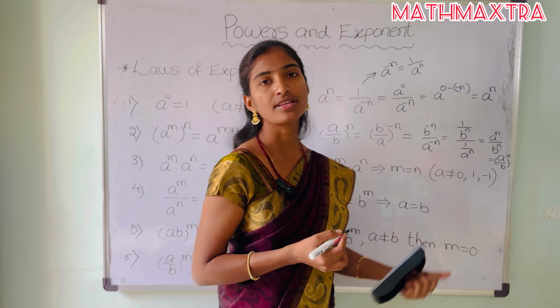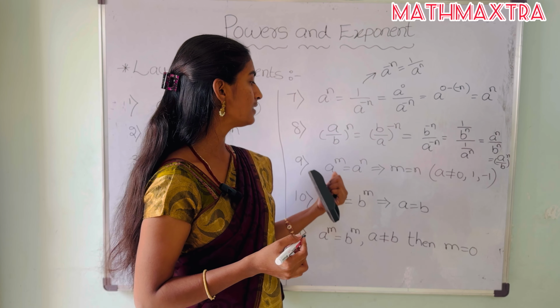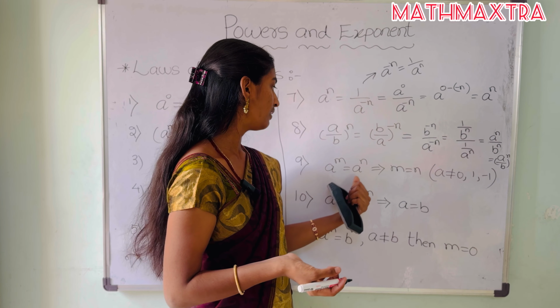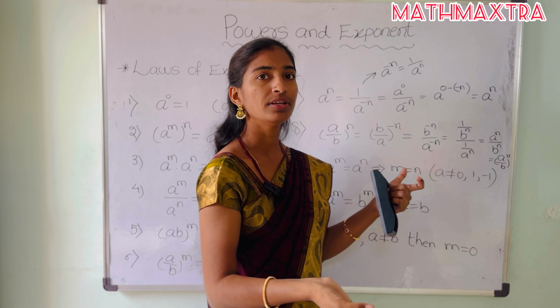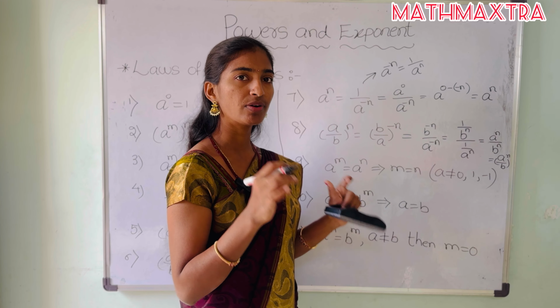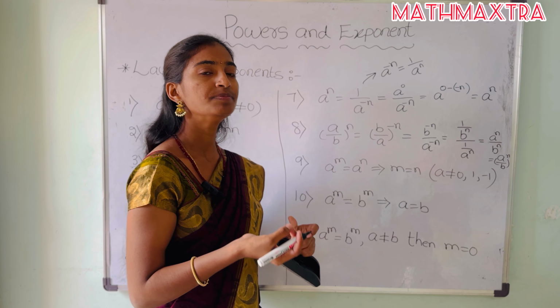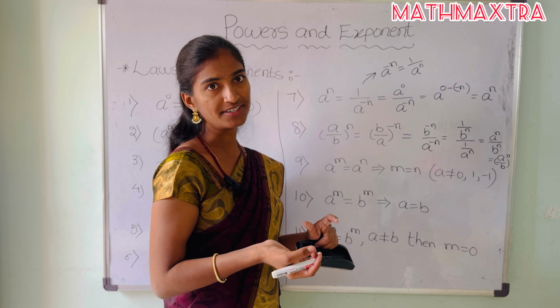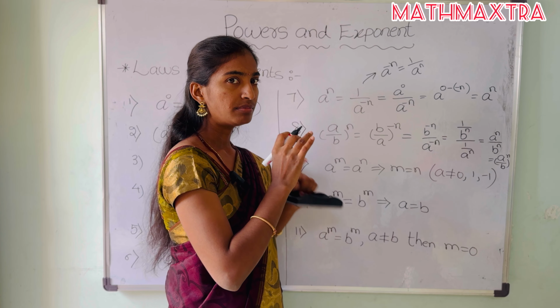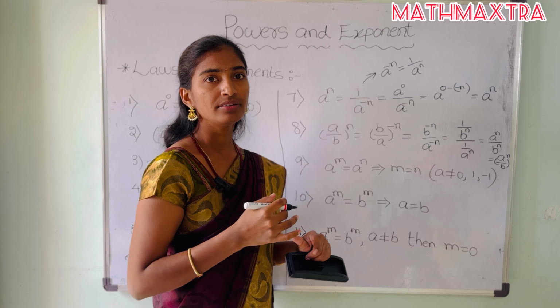If you take minus 1 also, what happens? Minus 1 whole to the power of 3 is equal to minus 1, and minus 1 whole to the power of 5, yes, odd powers. So, minus 1 to the power of an odd power is always equal to minus 1 itself. So, minus 1 equal to minus 1, but 3 is not equal to 5, isn't it?